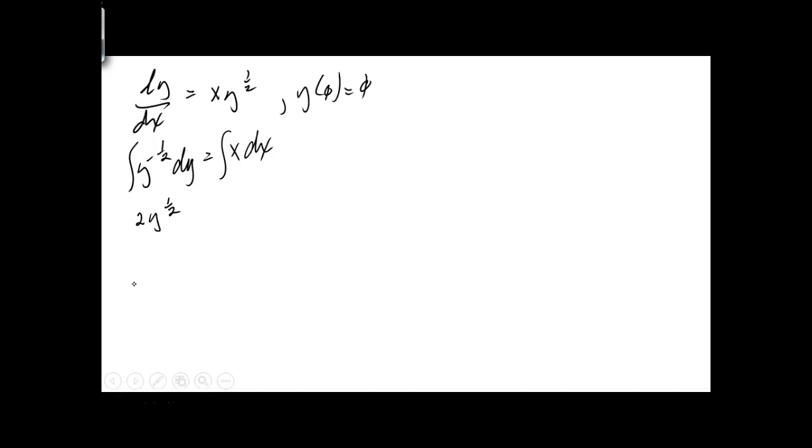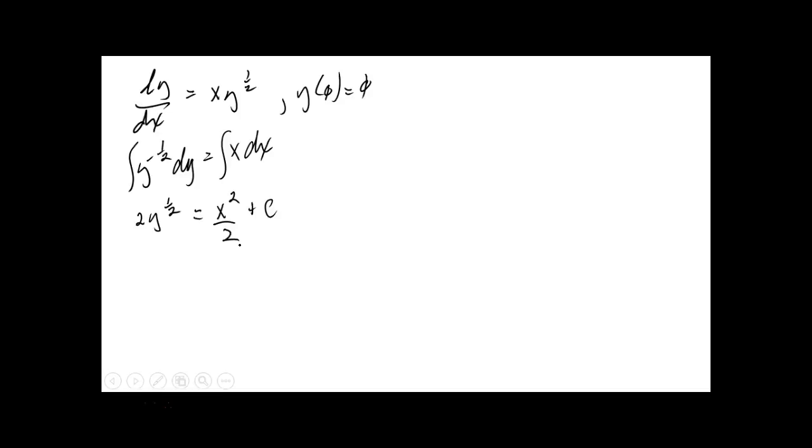Yeah, 2y to the 1/2, because when you take the derivative of it, 1/2 times 2 is 1, y to the minus 1/2. Yeah, you got it. Is equal to? You did the hard one. x squared over 2 plus c, right?